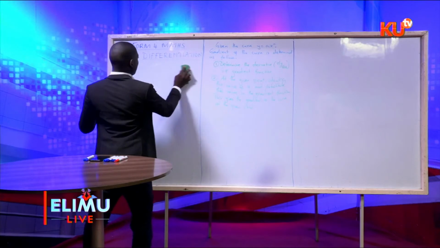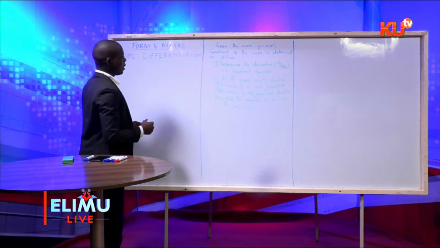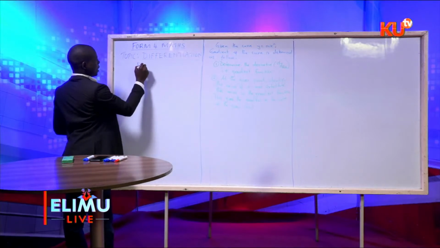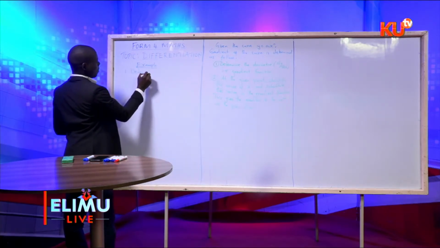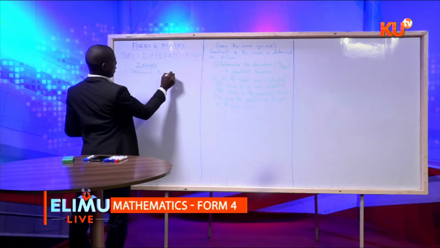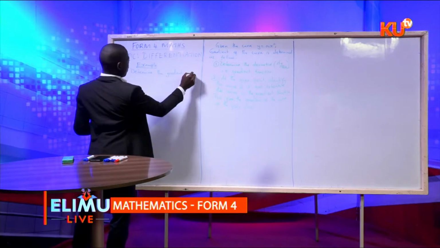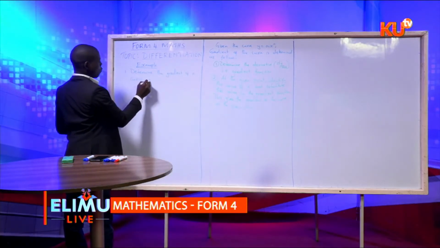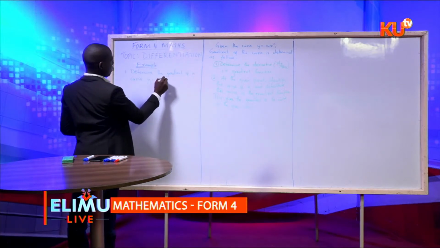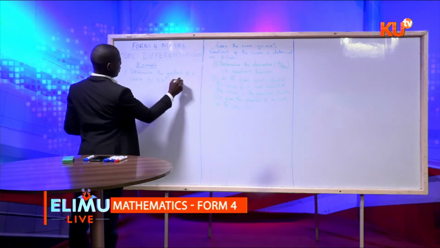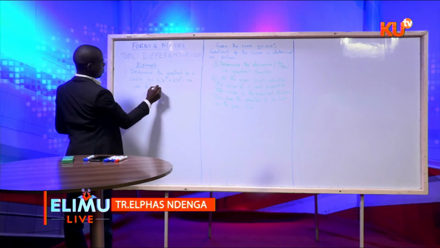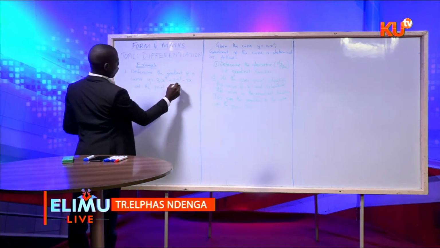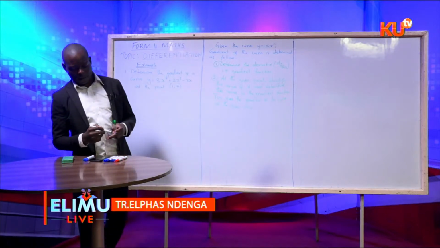So students, let's therefore discuss this procedure using this example. Number 1, you're told to determine the gradient of the curve y is equal to 3x power 4 plus 2x cubed less 7x at the point 1, 4.